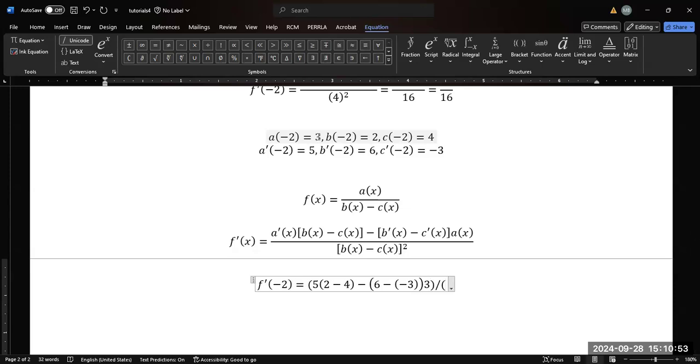And then in the denominator, B of -2 minus C at -2 quantity squared.